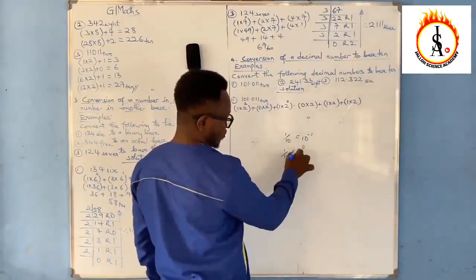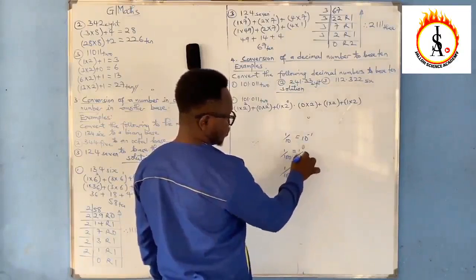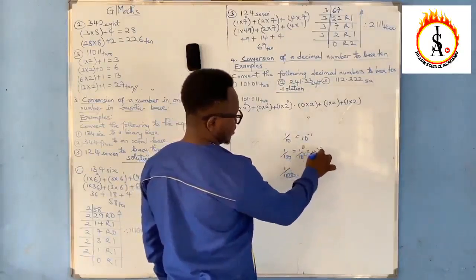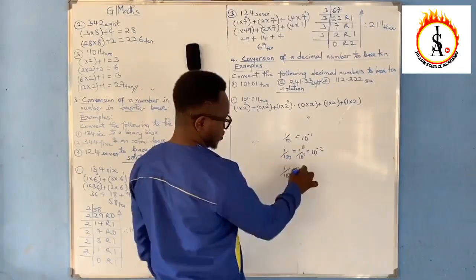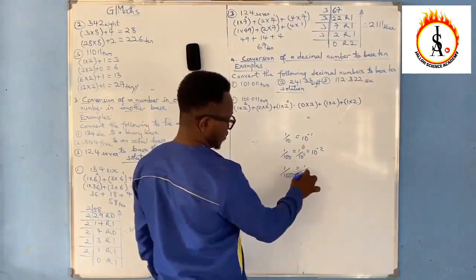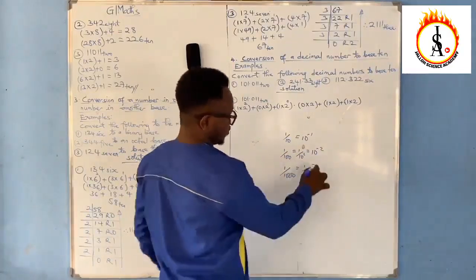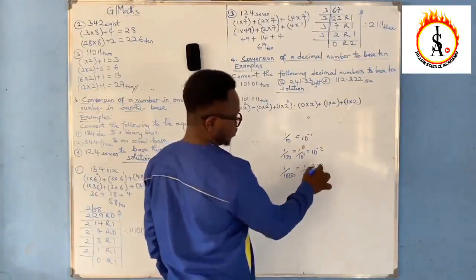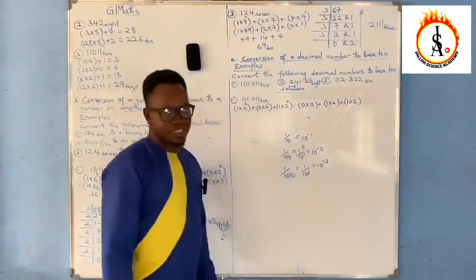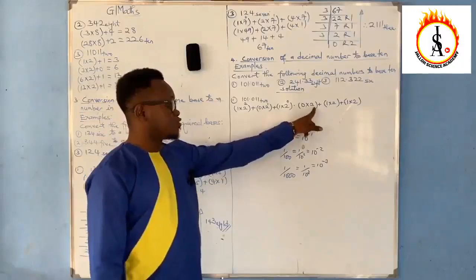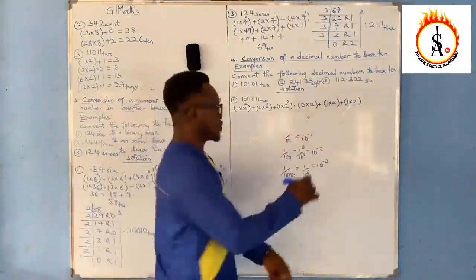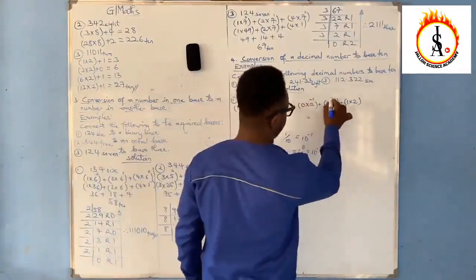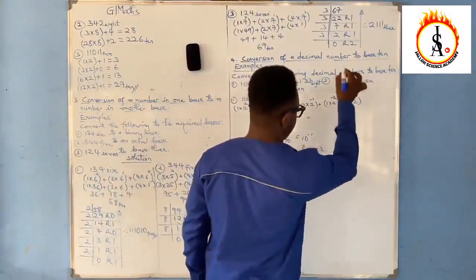Of course, 100 we know is 10 to the power 2, so this can be written as 10 to the negative 2. And 1 upon 1000 is 1 upon 10 to the power 3, which is 10 to the negative 3. So this first one gets power of negative 1, negative 2, negative 3.